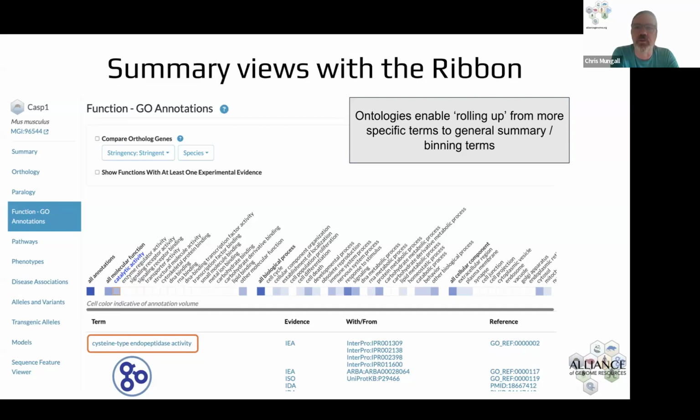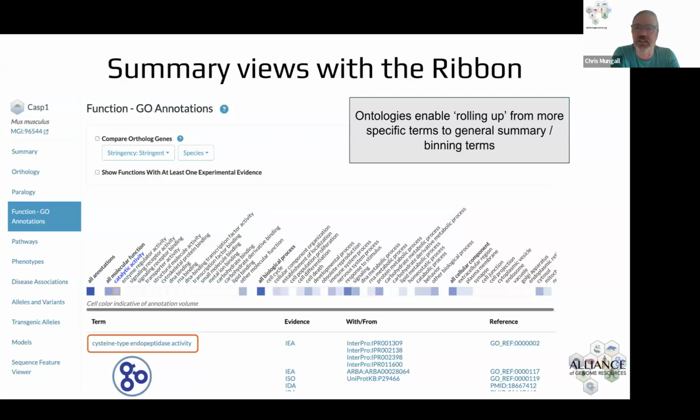So we make use of this widget that was developed for the Alliance called the ribbon. And this is the GO ribbon, but the ribbon technology is generic. It can be used for other kinds of ontology annotations as well. And what this does is it makes use of a concept called an ontology subset, or in GO, we sometimes call these slims or GO slims.